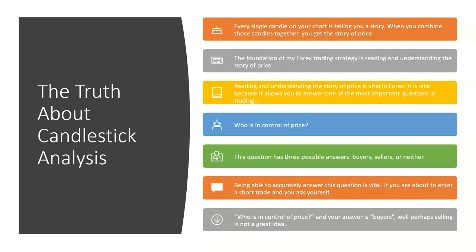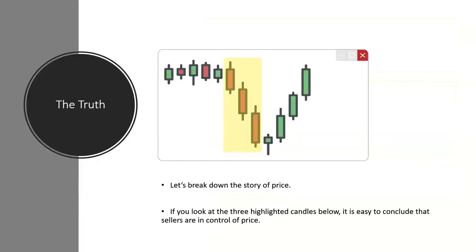That's all the choices that you have with anything. But being able to accurately answer this question is vital. If you're about to enter a short trade, you want to ask yourself, who's in control of price? If the answer is buyers are in control of price, then why would you be selling short? So let's break down the story of price.